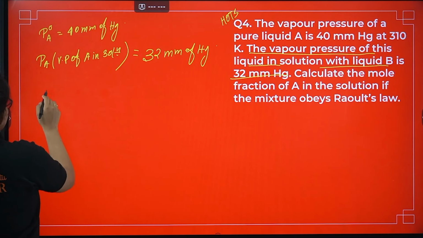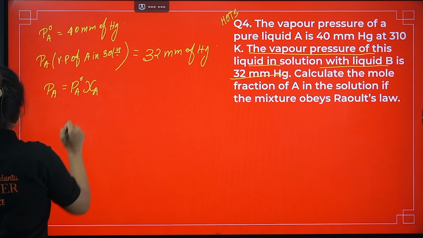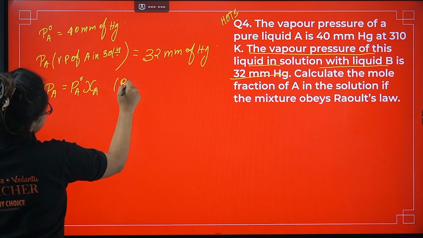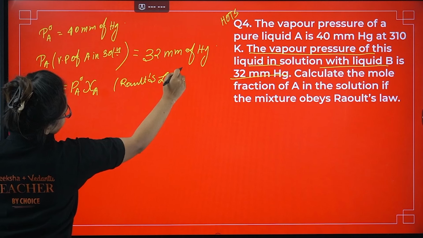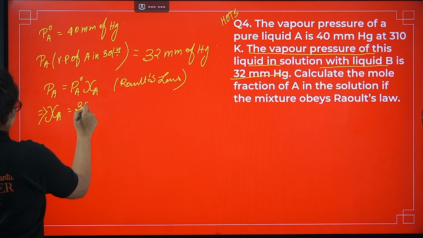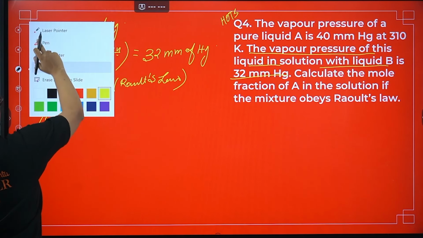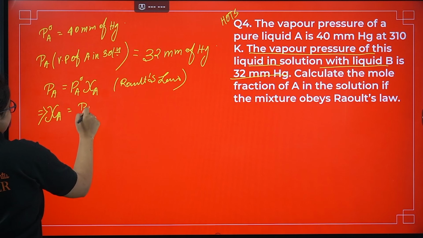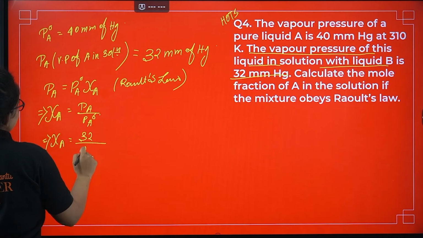Now if you follow Raoult's law, PA is PA naught times XA. So the mole fraction of A is PA by PA naught, that is 32 divided by 40.